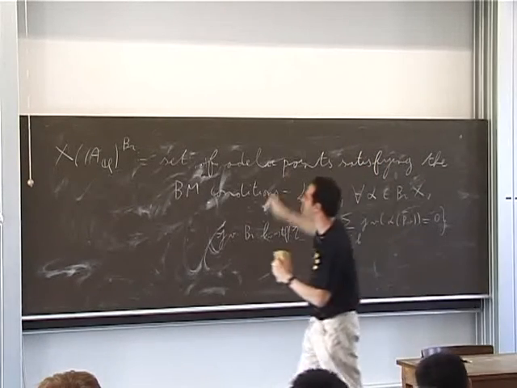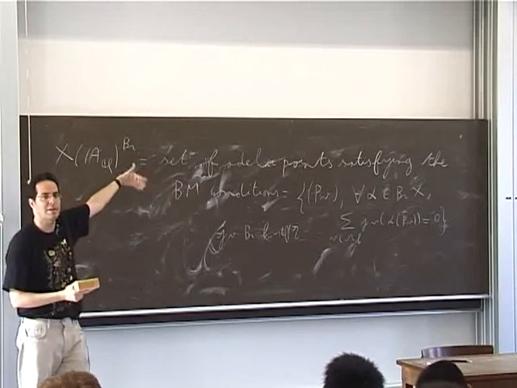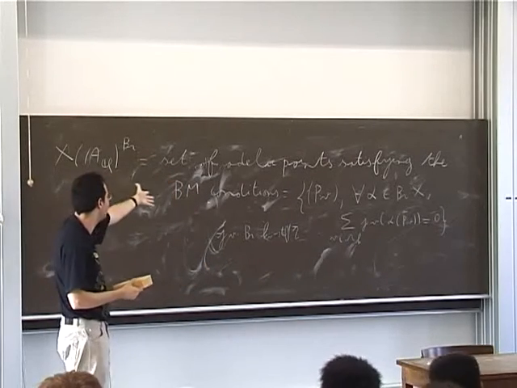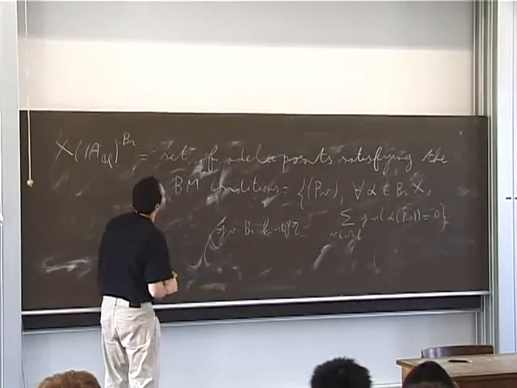So the statement by Skorobogatov says it is possible that this set is non-empty. There is at least one adelic point satisfying the Brauer-Manin conditions, but the set of rational points is empty.